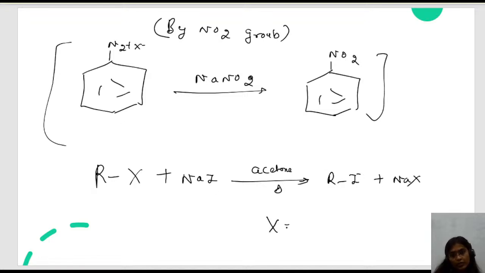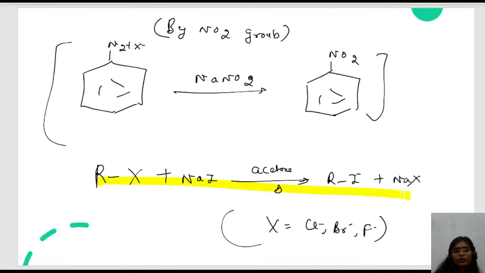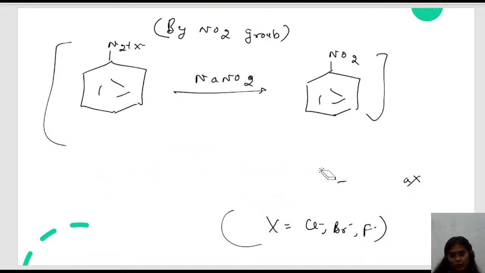What is this X? X can be chlorine, X can be bromine, X can be fluorine. This is the Finkelstein reaction, Ambika. Please be noted, it's not the part of this BDC. I hope it's done. So let's continue, because we have to finish so much content. Now let's talk about the next one.